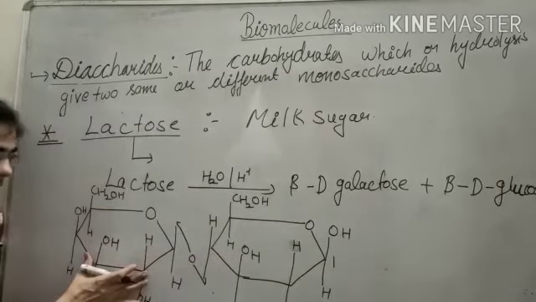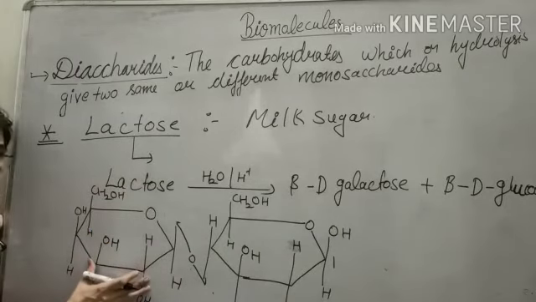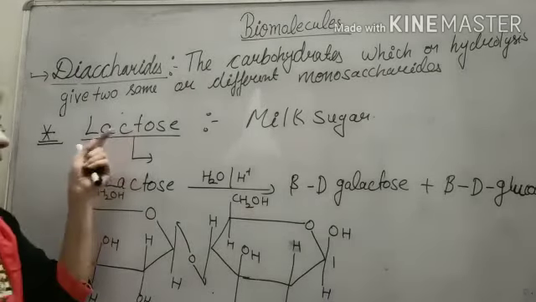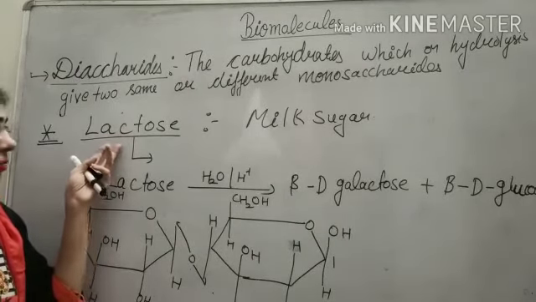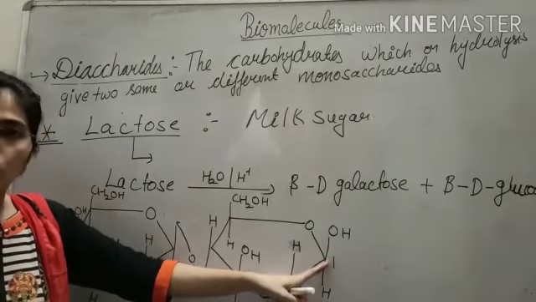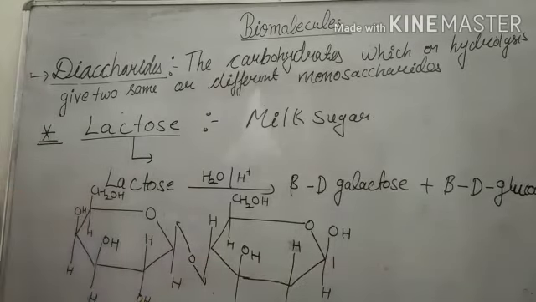This part of lactose is non-reducing, but this one is the reducing part. That's why lactose is a reducing sugar, as in this first carbon it contains a free aldehydic group. I hope it is clear to all of you.